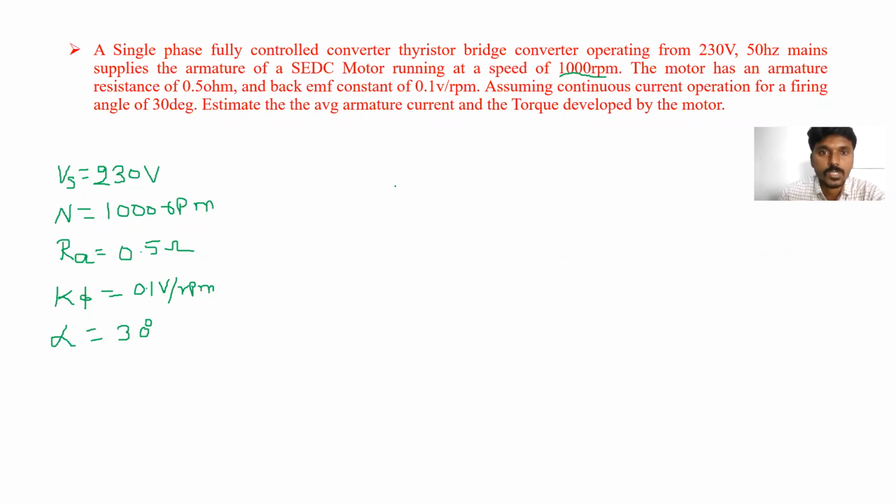Only we have to find out the armature current. So how can we find out the armature current? Which formula do we have to use? Can anyone tell, please? Which formula do we have to use here?